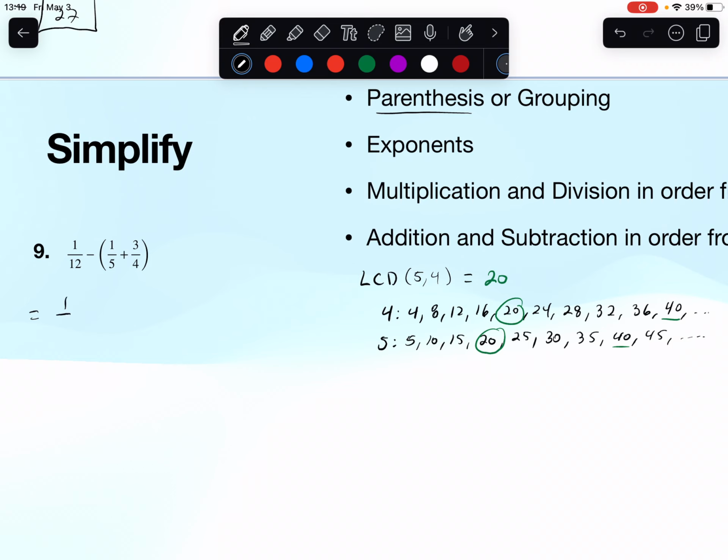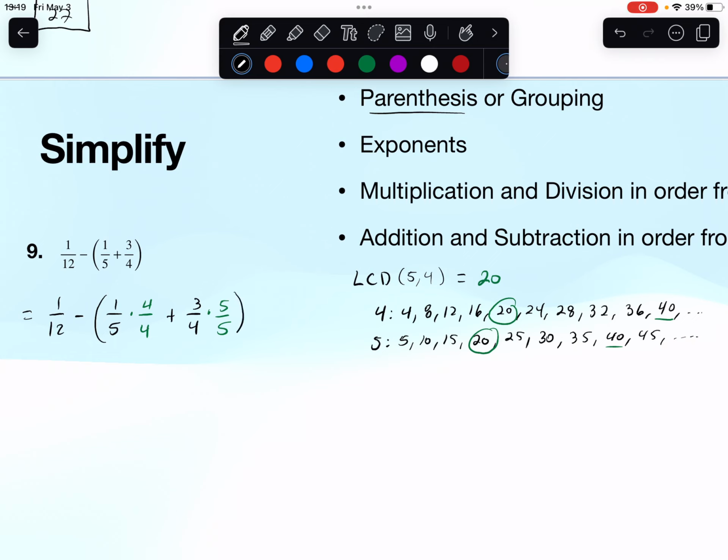So it's going to be 1/12 minus the quantity 1/5, and to turn that 5 into a 20, we need to multiply by 4/4, plus 3/4. And to change that denominator into a 20, we need to multiply by 5/5.